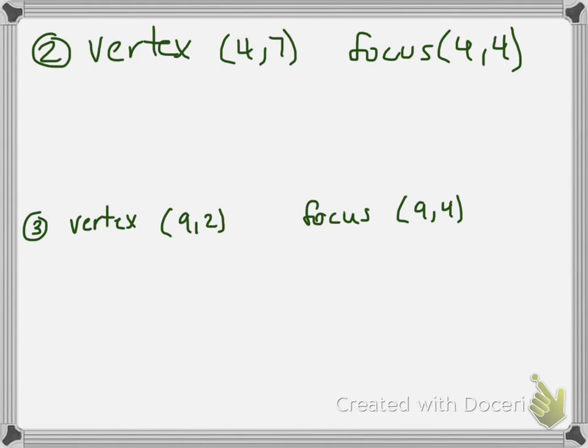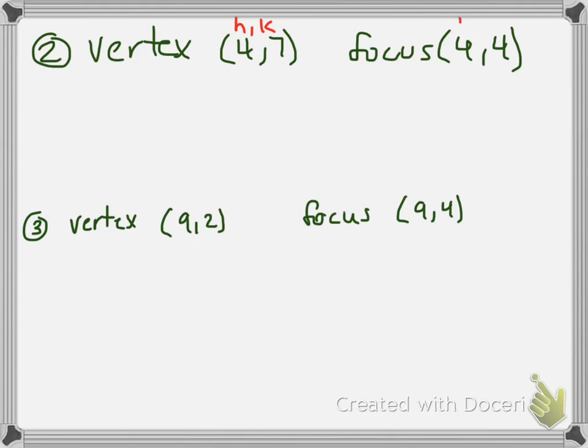Problem number 2. If you were here for 5.4, if not, you should have seen the video already. You have to label what on top. H and K, your vertex. H and K plus C. Very good. So your vertex is HK.